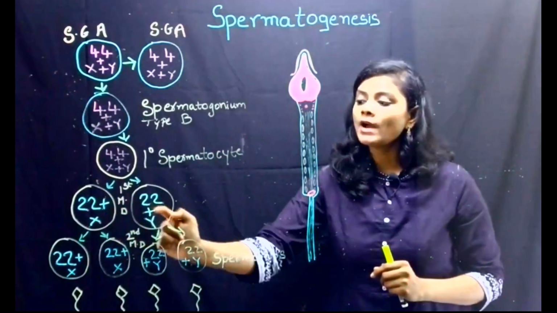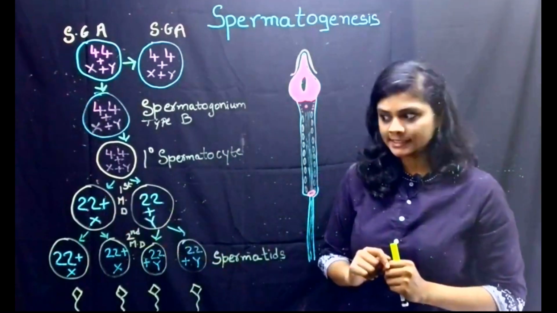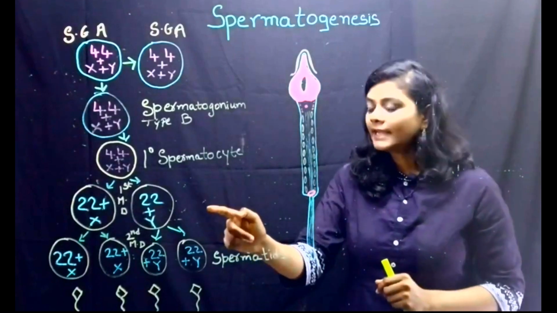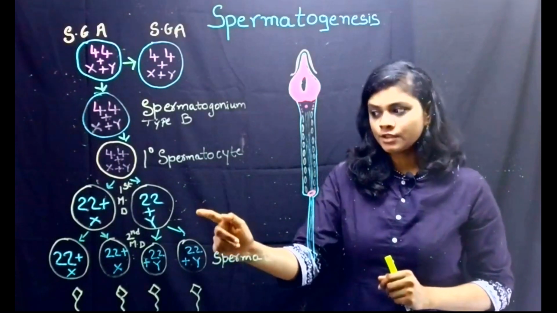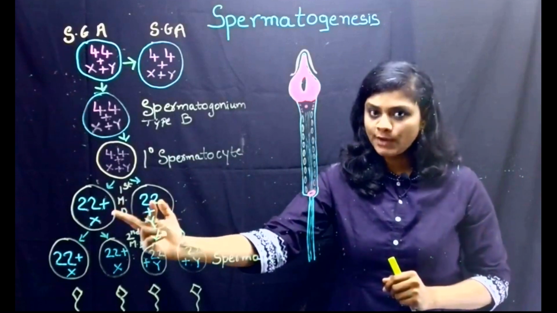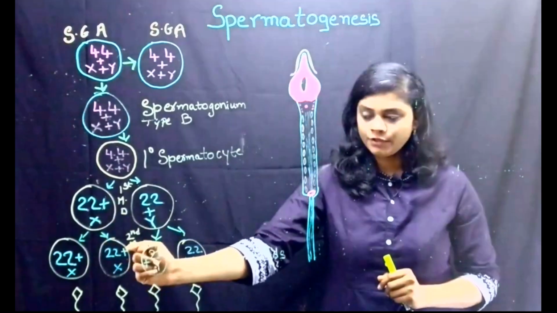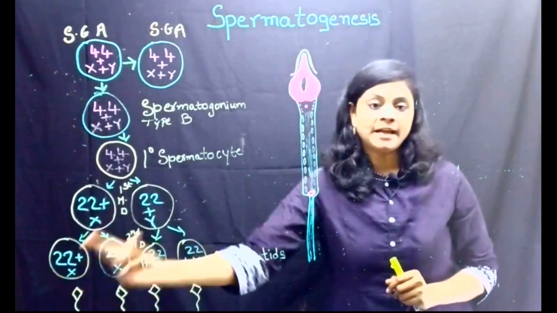So there are two haploid cells seen here because of the first meiotic division. Then individually they will divide in the second meiotic division and give rise to two spermatids.